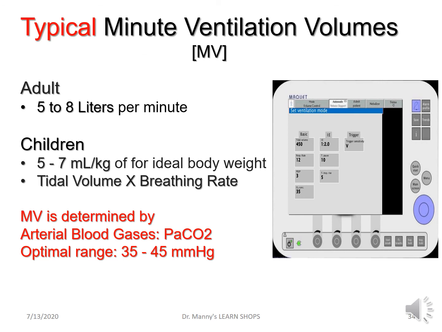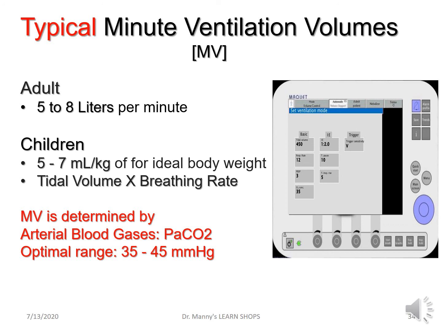Typical minute ventilation volumes, as I indicated previously, in spontaneous breathing, this is a parameter that we look at with mechanical ventilation. In an adult, the objective is 5 to 8 litres per minute with normal PaCO2 from the arterial blood gas. In children, 5 to 7 mils per kg of ideal body weight.